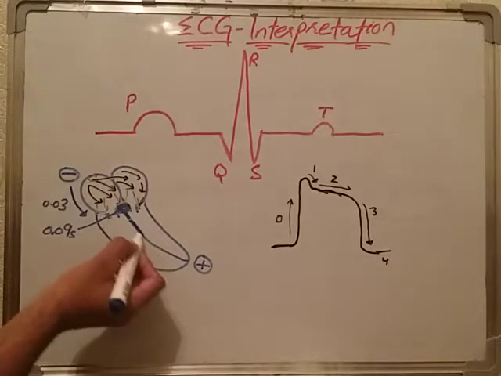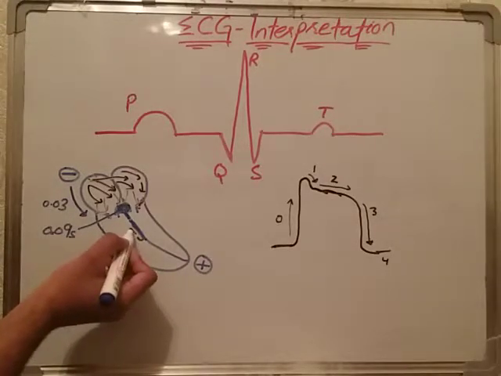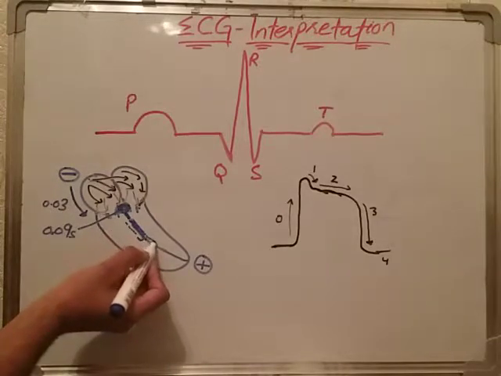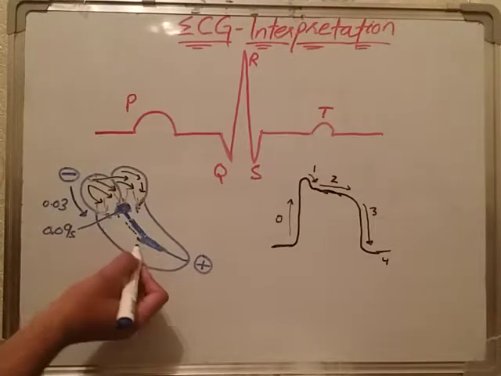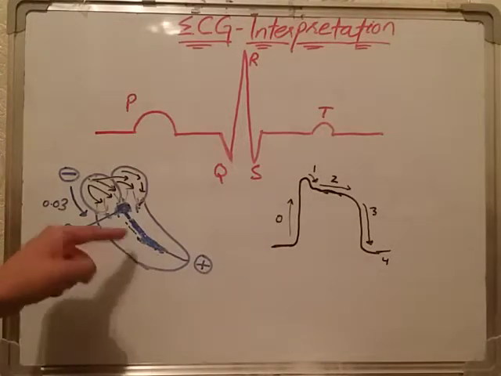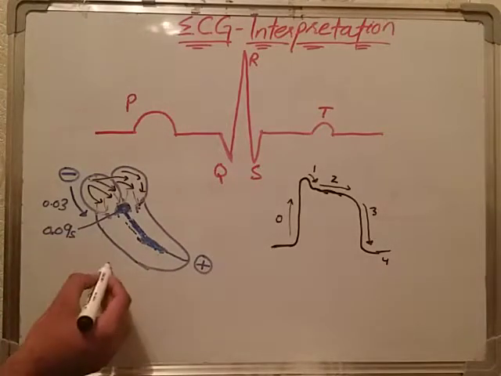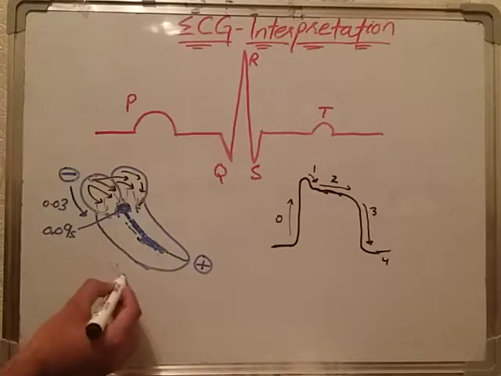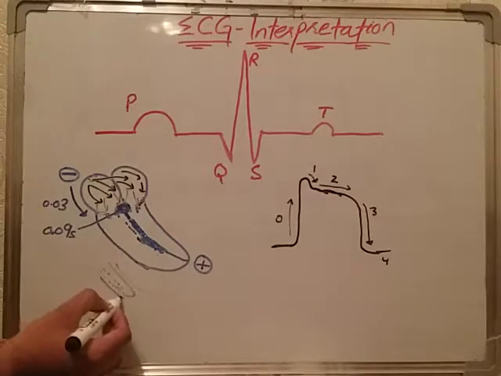Then the left and right bundles carry it downward and start depolarizing the muscles of the interventricular septum. In some books it is written that depolarization of the septum is mediated only by the right bundle, which is a little bit like this. So it will depolarize the interventricular muscle in an upward direction.